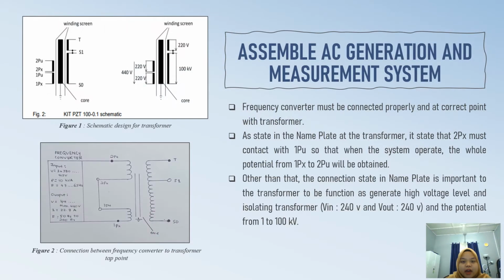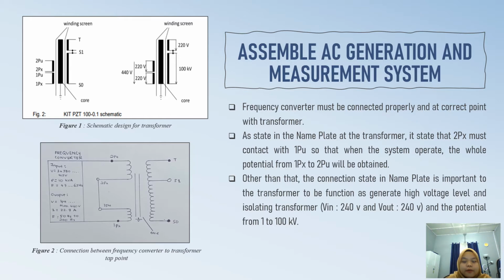Next, I will describe the main consideration of the transformer winding property for the transformer to function as generating high voltage level and isolating transformer, V input 240 volt and V output 240 volt.